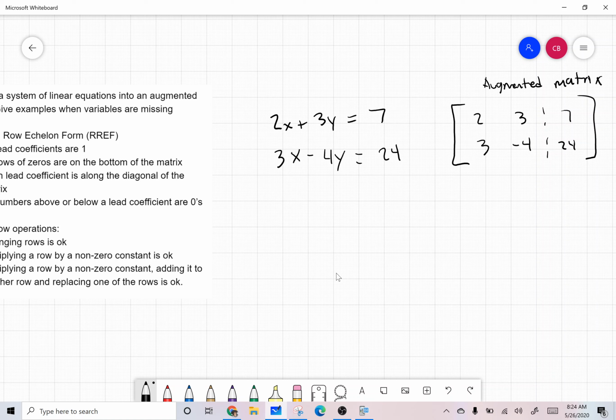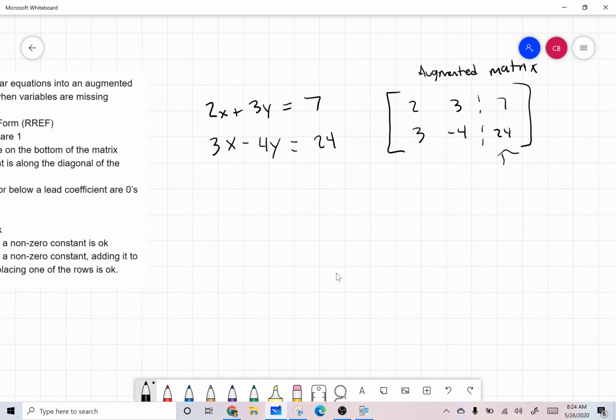What that means is it's a matrix that we can actually solve for these values to get answers for. It's another way of solving a system of equations.